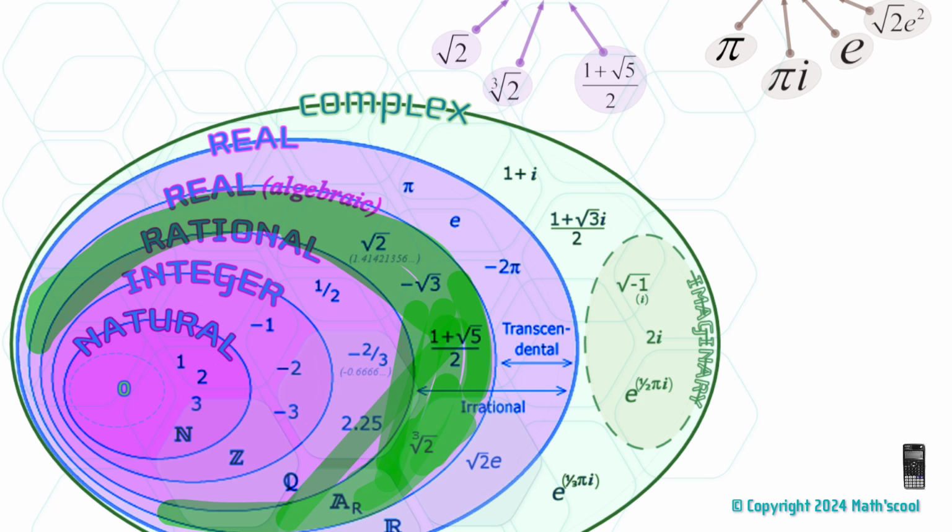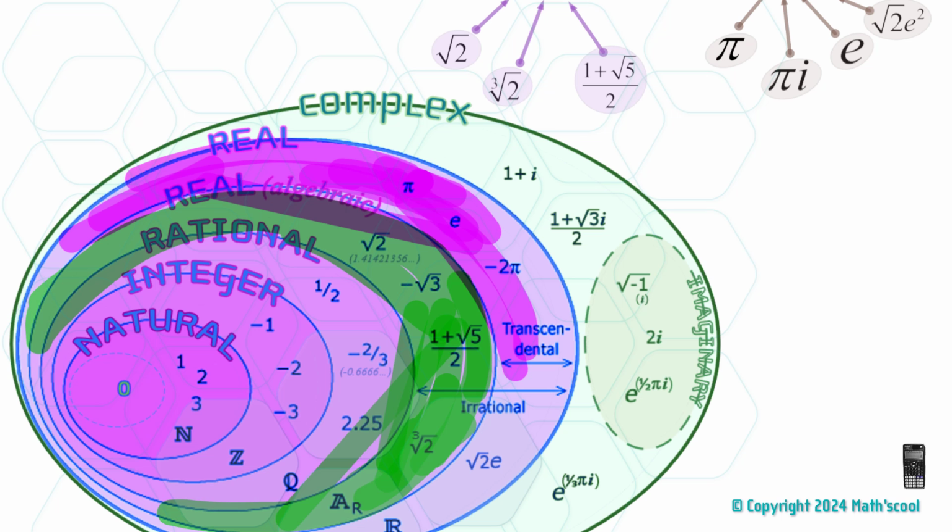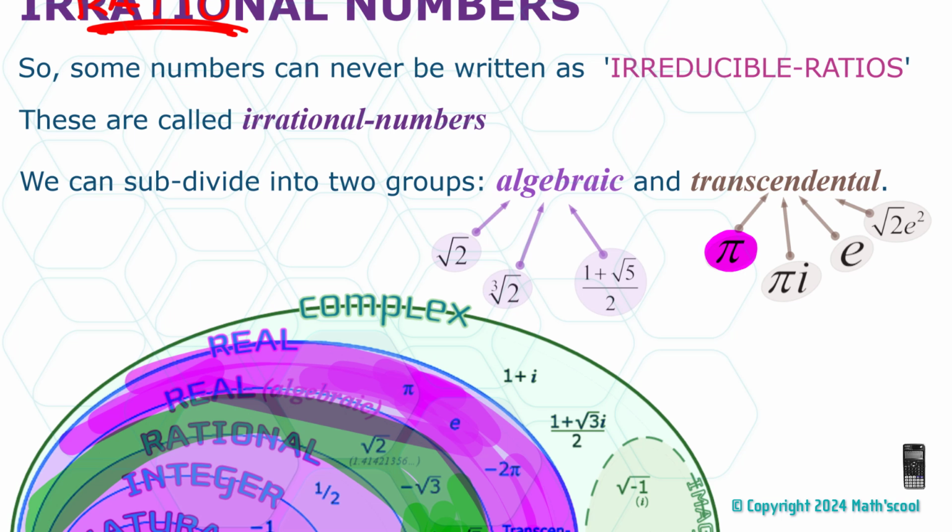These numbers here are called the algebraic irrational numbers, and they're generally square roots and cube roots and fourth roots, things like that. And out here is a different set of irrational numbers called the transcendental numbers. Now you're not going to come across many of those at GCSE, but you have come across one. It's pi.